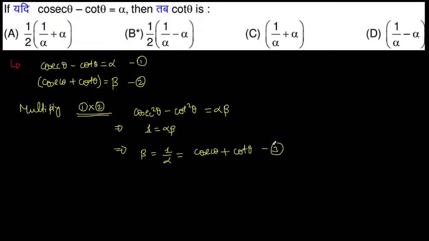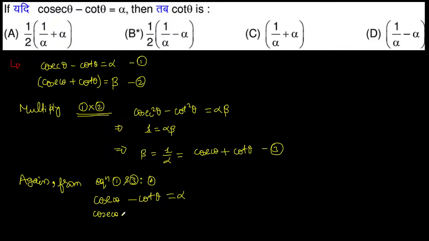This is the third equation. Again, from equations 1 and 3, cosec theta minus cot theta equal to alpha, and cosec theta plus cot theta equal to beta.